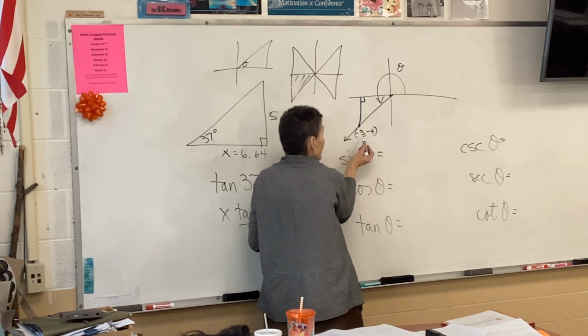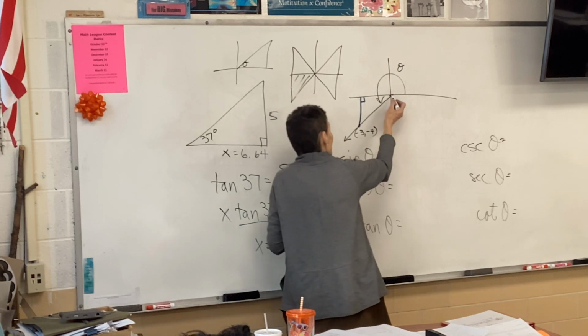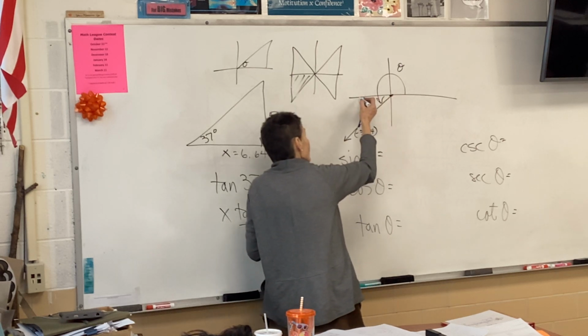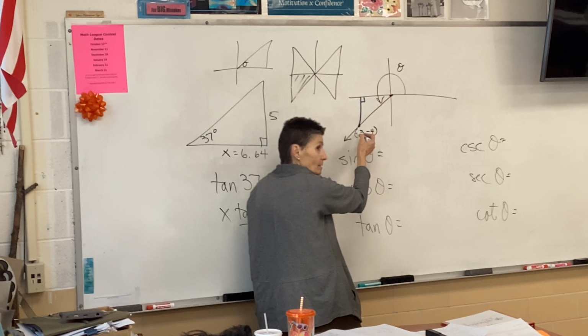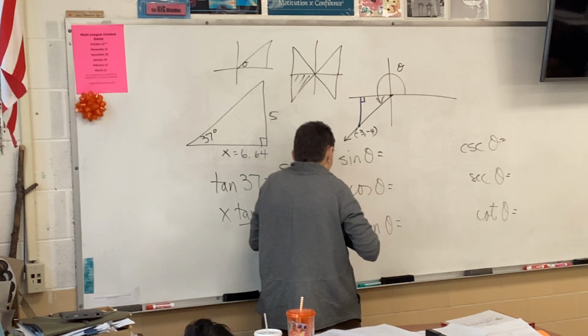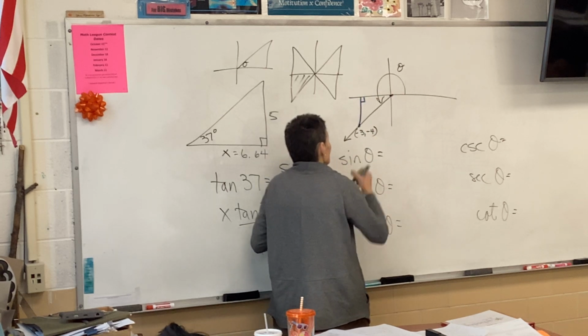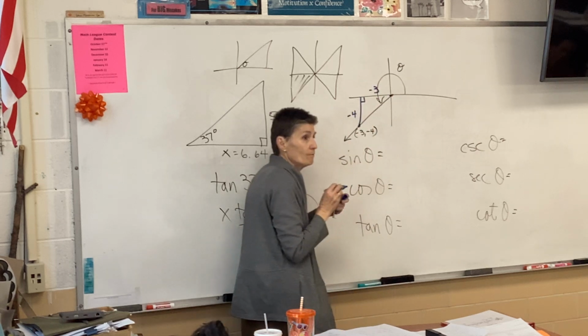If that's the point, -3, -4, doesn't that mean that I counted over -3 and down -4? So this side of the triangle is -3, and this side of the triangle is -4.